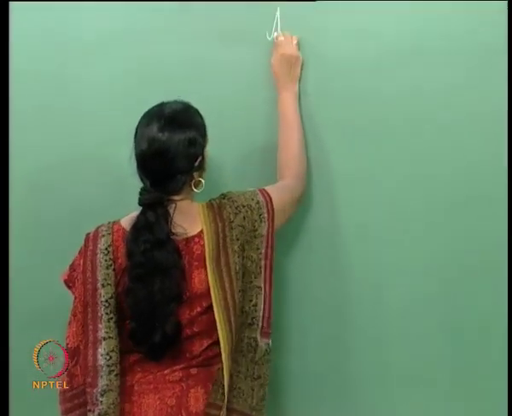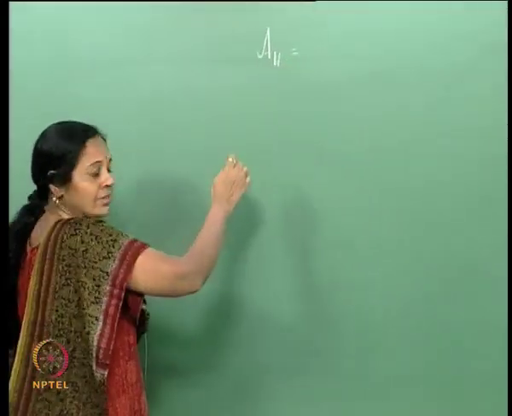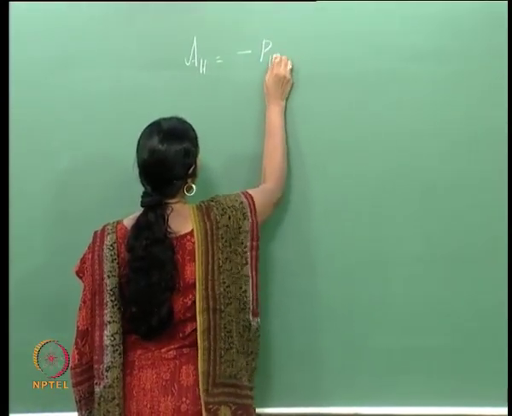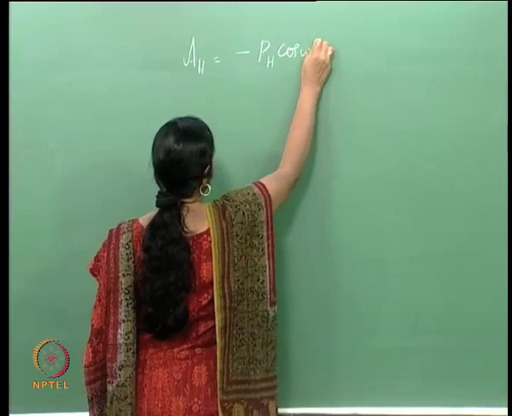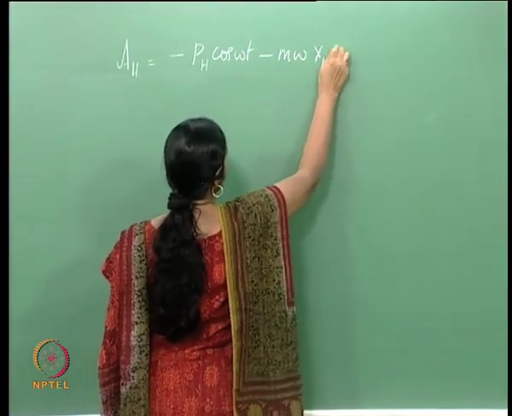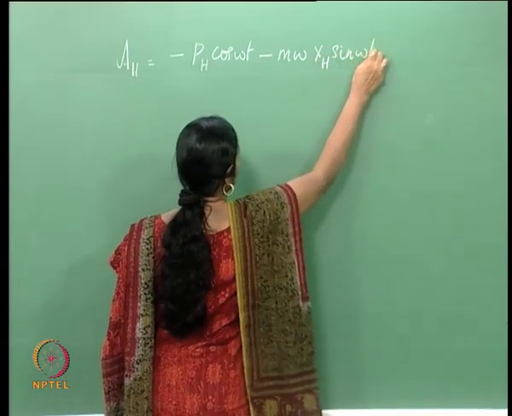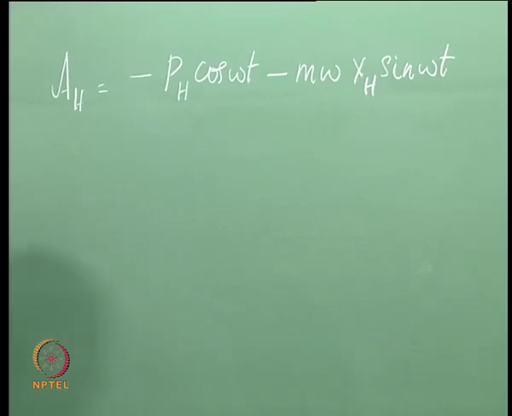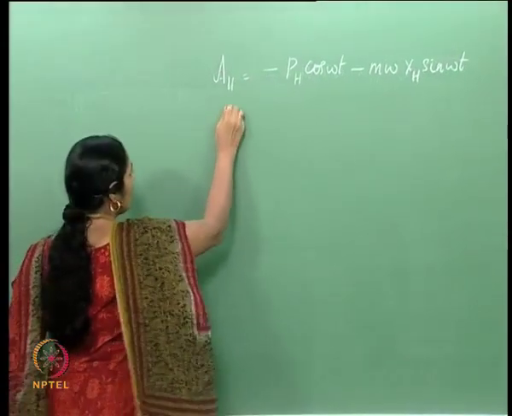So, I consider an operator in the Heisenberg picture AH, which is minus pH cos omega t minus m omega xH sin omega t. Now, pH is simply the momentum operator. Let me put down the Hamiltonian.